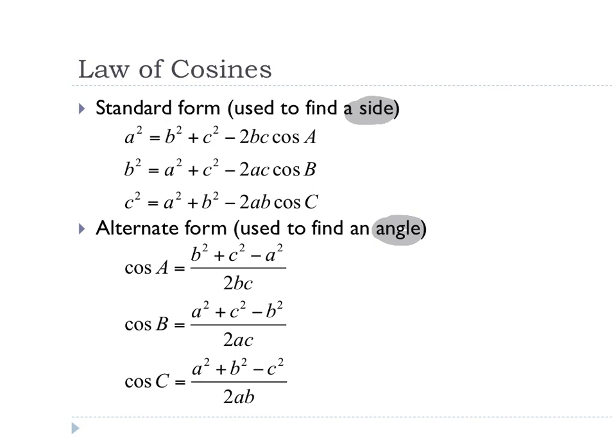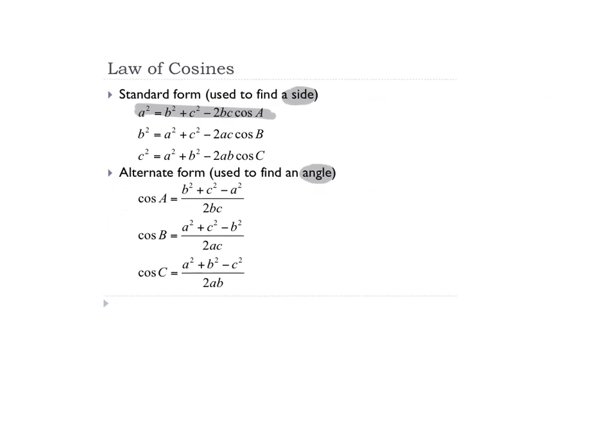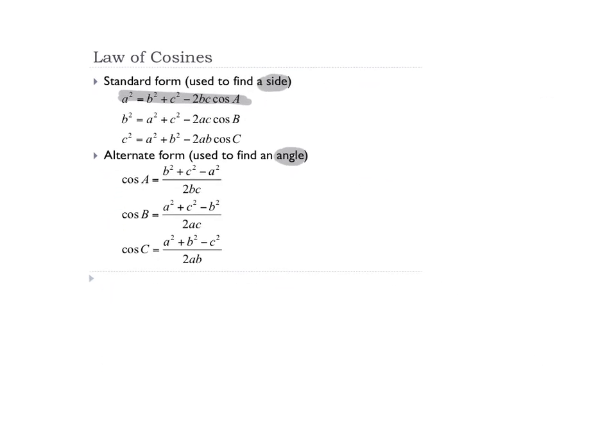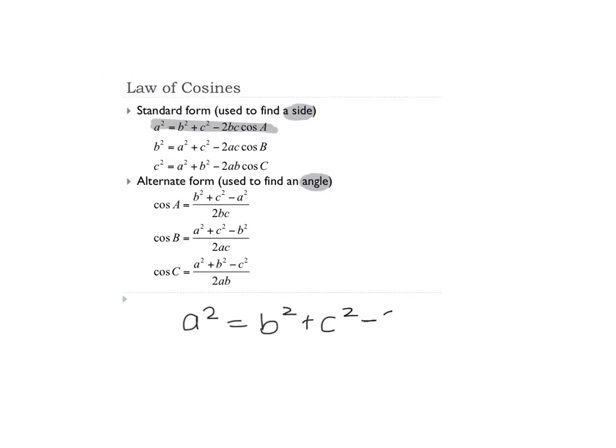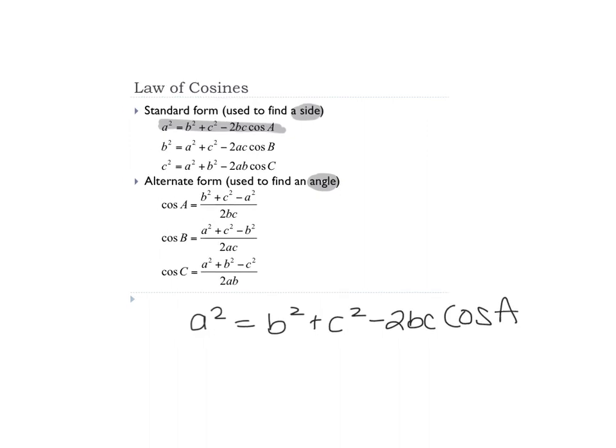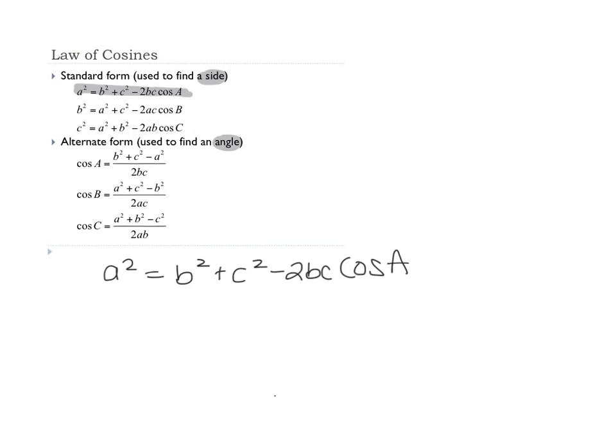The good news is that you can get from one to the other of these. So if you can just remember one, it would be a lot more work to have to derive it, but you could get there. So like A squared equals B squared plus C squared minus 2BC cosine A. Let's say I wanted to solve for the angle. So let's say I want to get cosine A by itself. I would take A squared and I would subtract the B squared and the C squared.